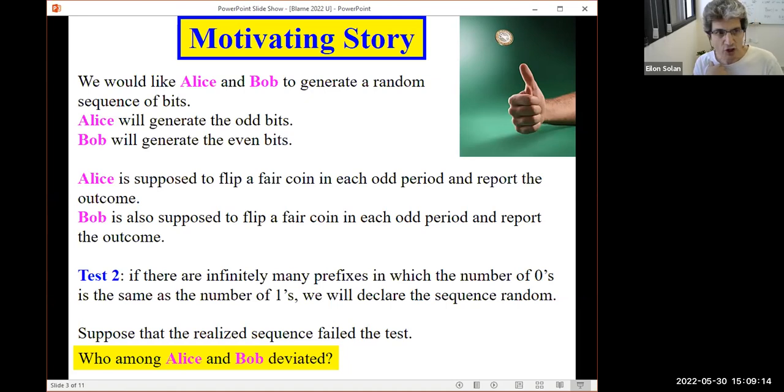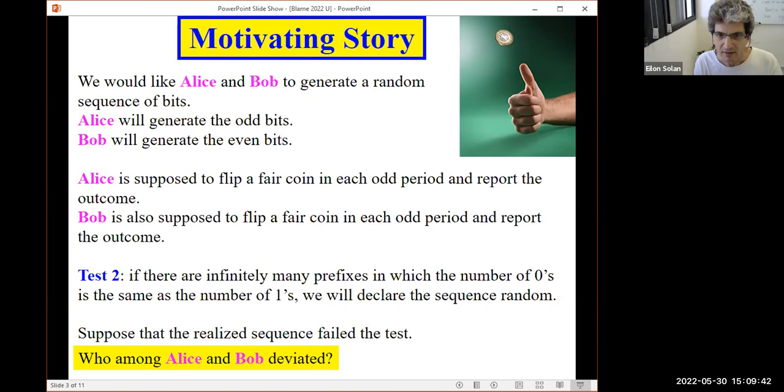Also, Alice can just mimic Bob. Apart from the first bit, she can choose the opposite of the bit that Bob chose. So if Bob chose 1, she chooses 0 in the following period, and if Bob chooses 0, she chooses 1. So she always cancels out Bob's bit.